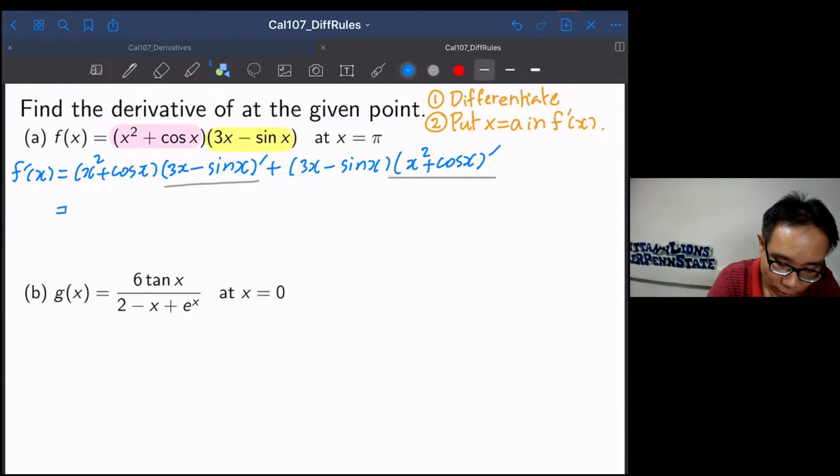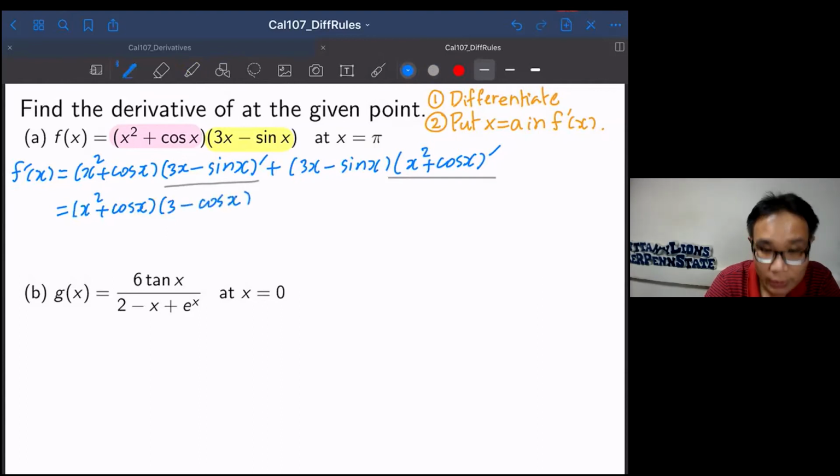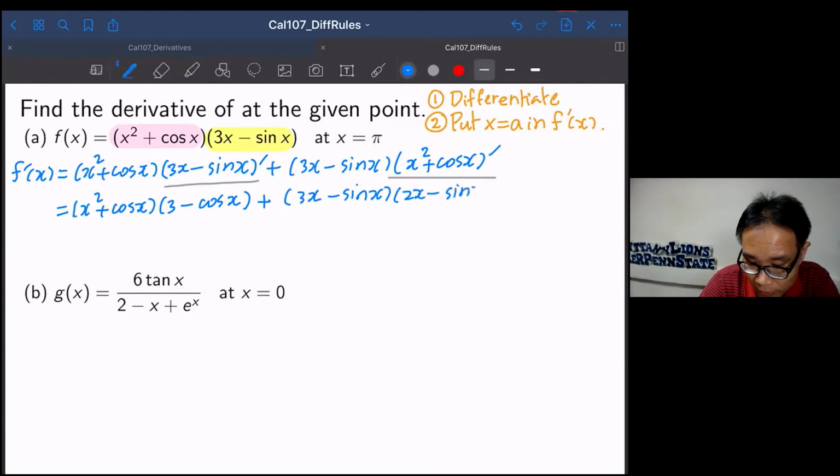So you're going to get the derivative. For this one, it's x squared plus cos x, and the derivative of 3x minus sine x is 3 minus cos x, plus the second, which is 3x minus sine x. And the derivative of x squared plus cos x is 2x, the derivative of cos is negative sine x.